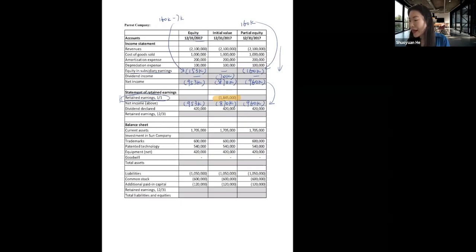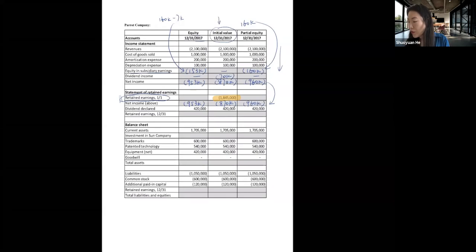So in order to back it out, under the initial value method, what goes into retained earnings is all of the previous years' dividends. Under the partial equity method, what goes into the firm's net retained earnings is all of the previous years' subsidiary earnings.